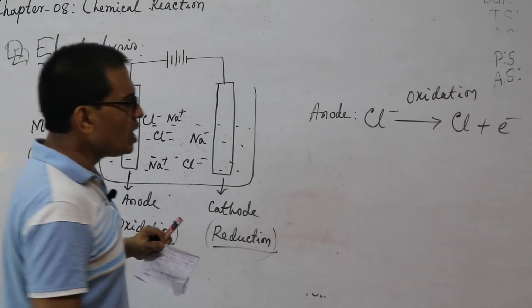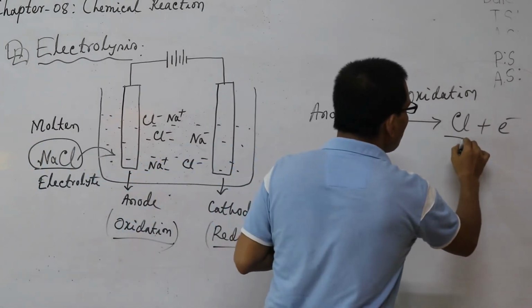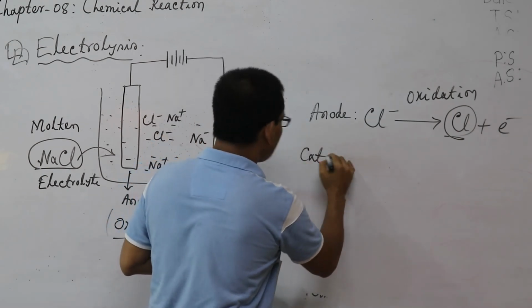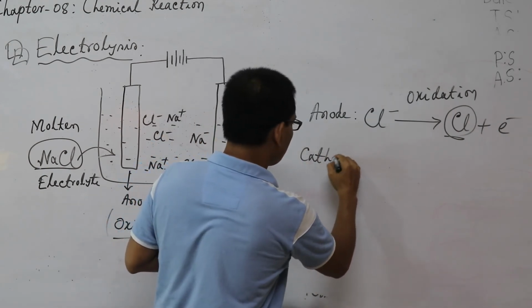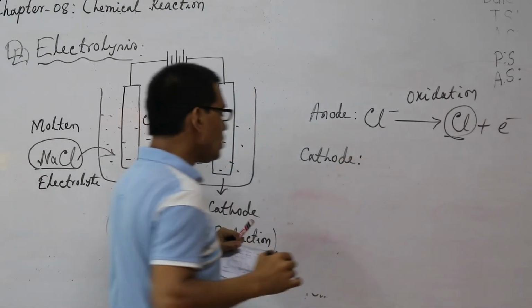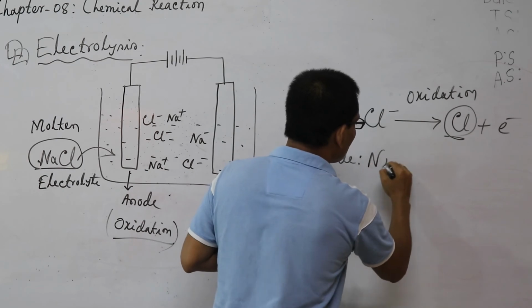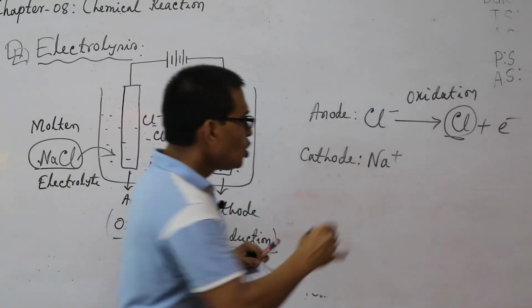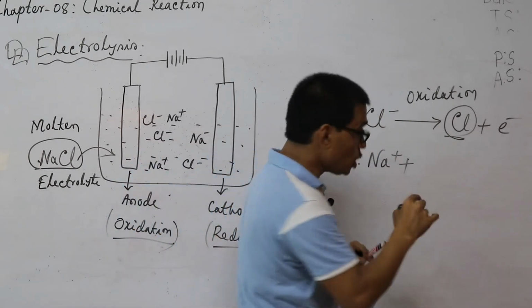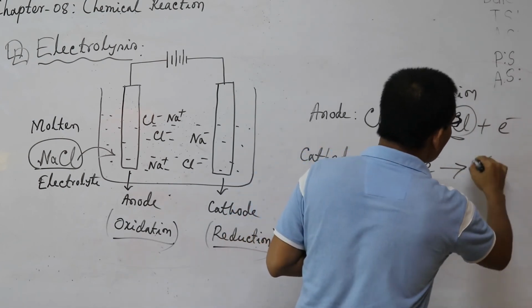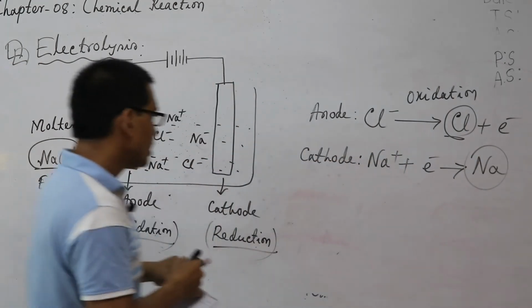Chlorine ion will release electron and form neutral chlorine. Again, in cathode, what will be happening? Here sodium ion will receive electron and form metallic sodium.